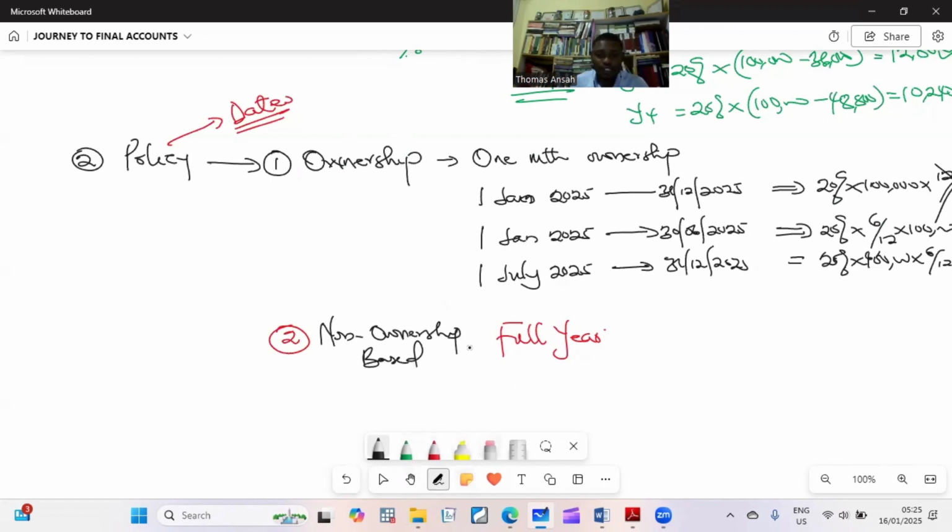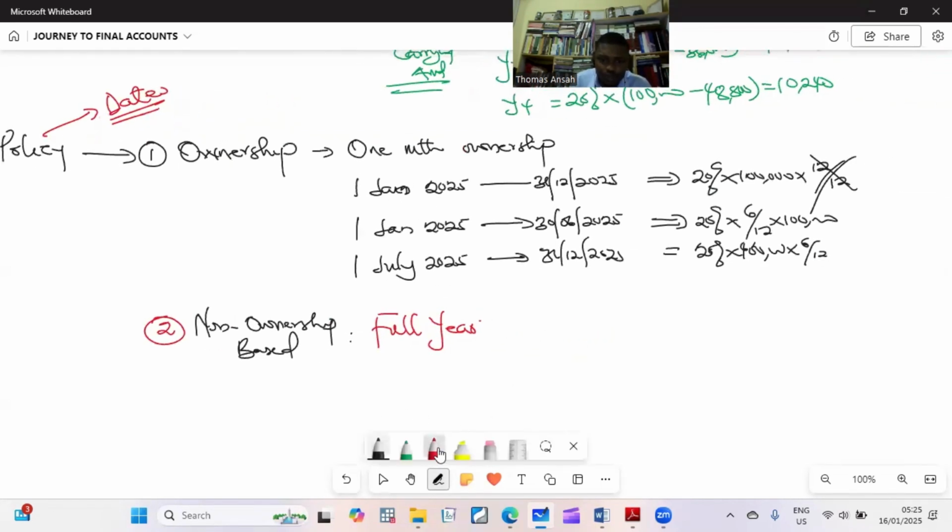So for example, if I say charge full year depreciation in the year an asset is acquired, then so long as we are in 2025, if I acquire the asset even in October 2025, and probably you are using it to December 2025, it says that charge full year depreciation. All right, full year depreciation.